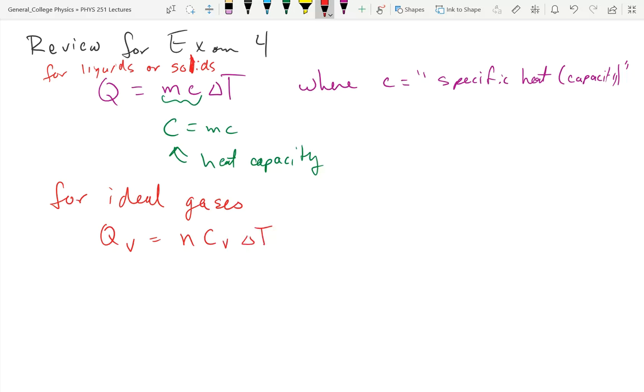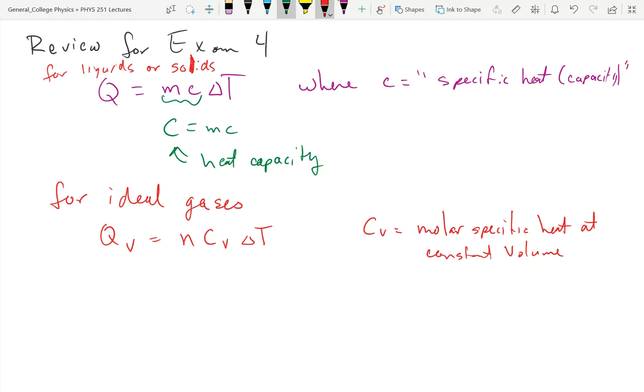So once again, we're linearizing the relationship between heat and temperature change. But now it's molar specific heat. The molar specific heat at constant volume.